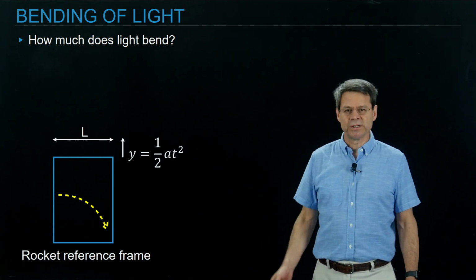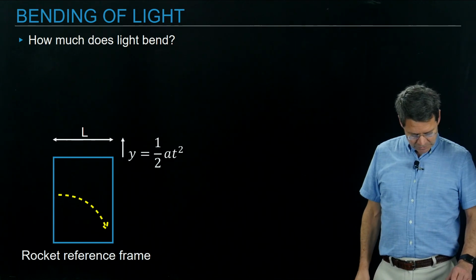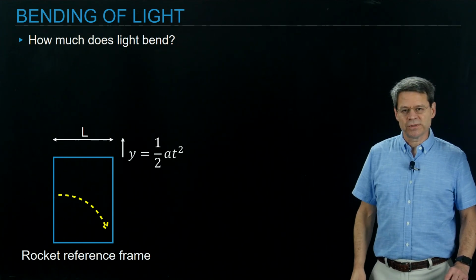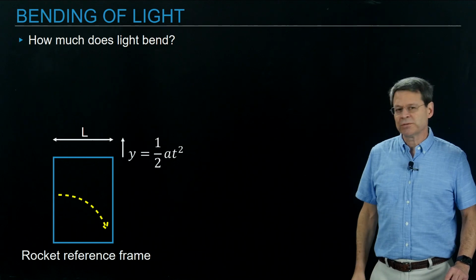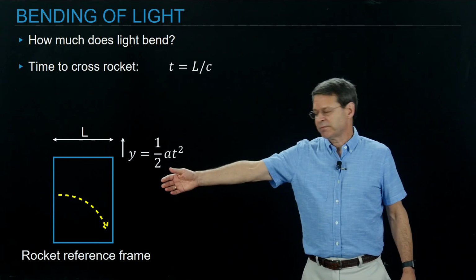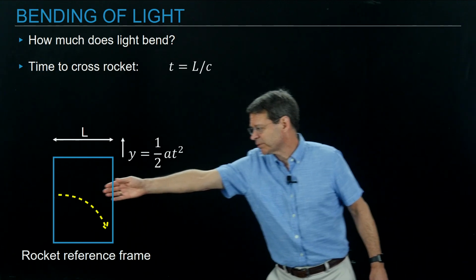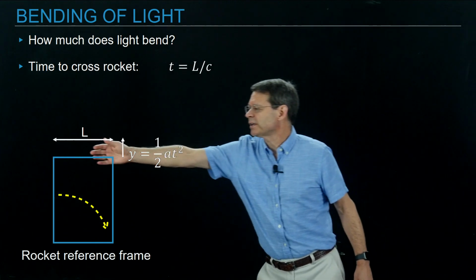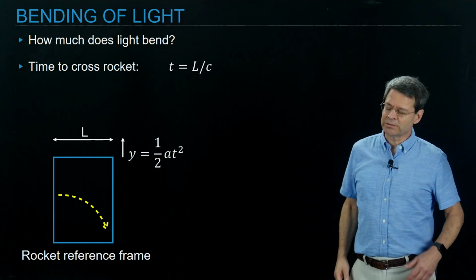You've learned that in physics 1. So how long does it take the light to cross a distance L, the horizontal width of the reference frame? Well, if the deflection is small, so this parabola is nearly a straight line, that would just be the length divided by the velocity, which is the velocity of light.